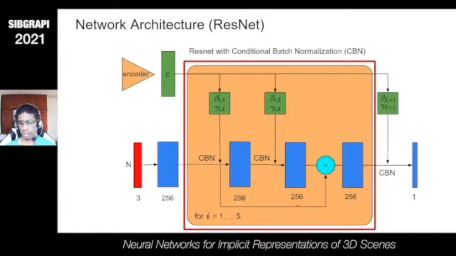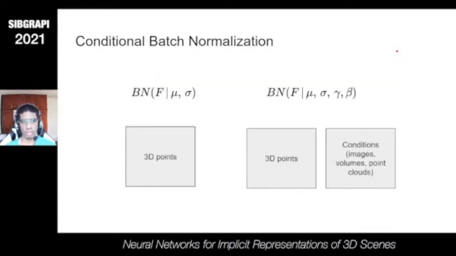I will not assume that the public knows what ResNet and conditional batch normalization are, so we just make a parenthesis here now to understand those concepts, and then we get to that discussion later on, so we have the concepts more established afterwards. So what is conditional batch normalization?